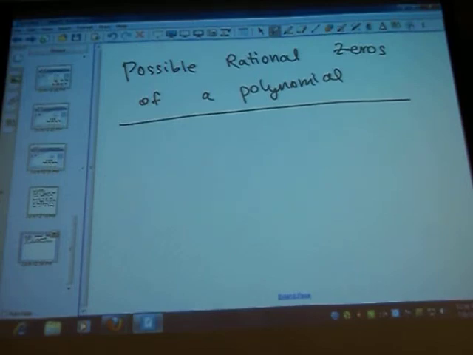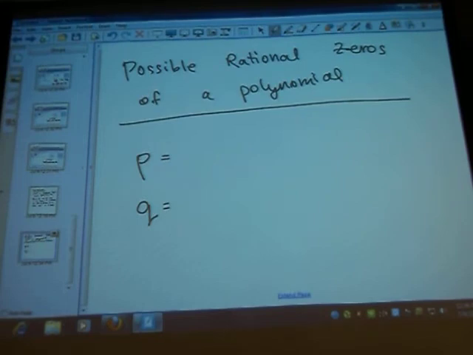You can use the calculator instead, the graphing calculator. Okay? So to list the possible rational zeros, you need what are called P and Q. Now they do call them P and Q in the textbook, so this is consistent across different people explaining this. Okay, P is the factors of the constant term.